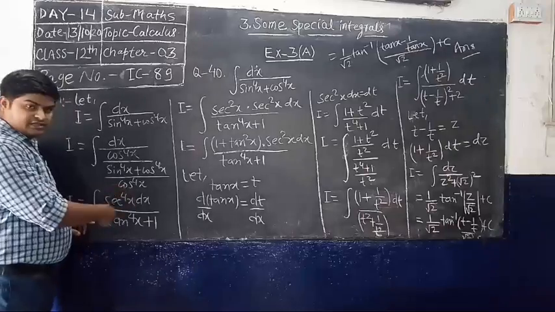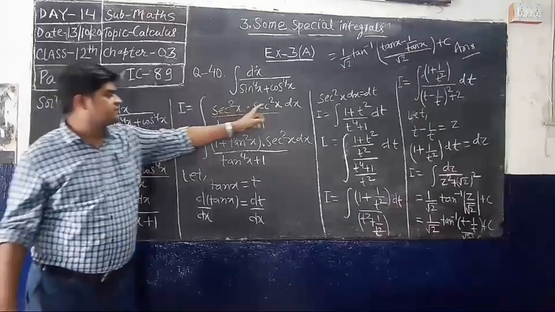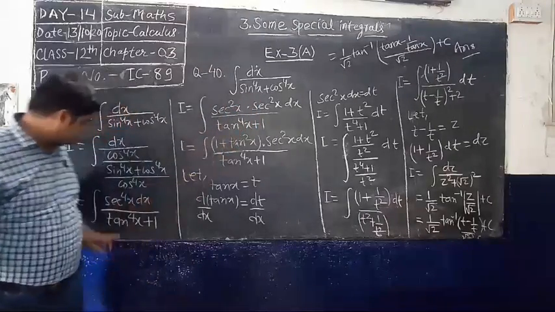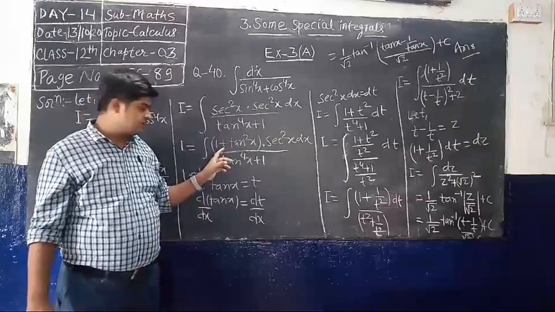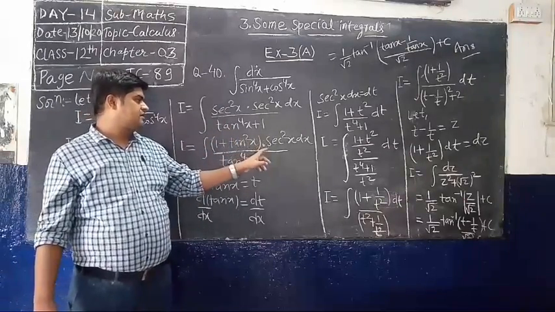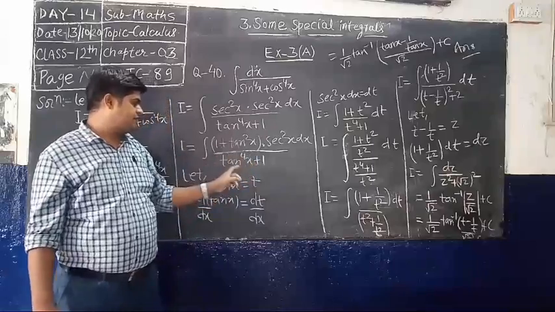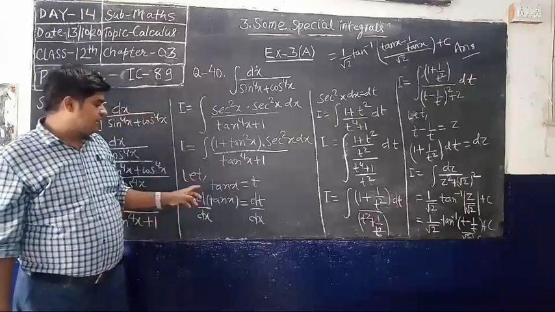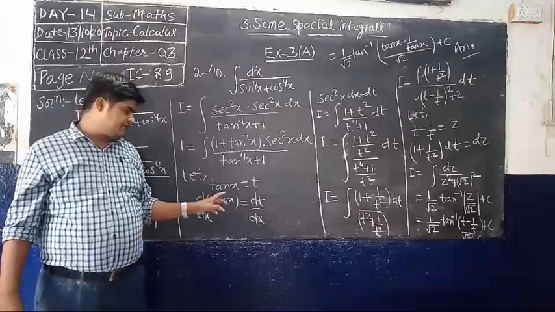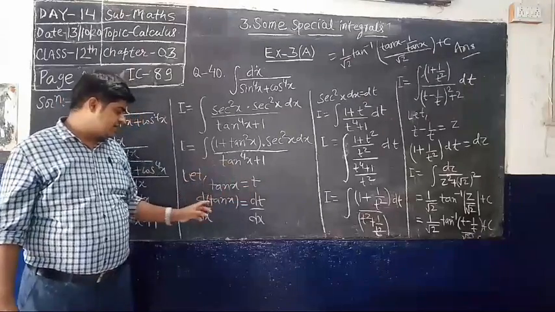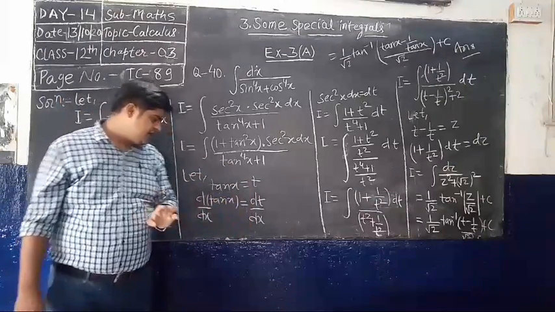Now sec 4x, you will break the term into sec square x dx by tan 4x plus 1. You know sec square x is equal to 1 plus tan square x, so sec square x dx by tan 4x plus 1. Now let tan x is equal to t. Then you have to find the first derivative of this equation: d by dx of tan x is equal to dt by dx.